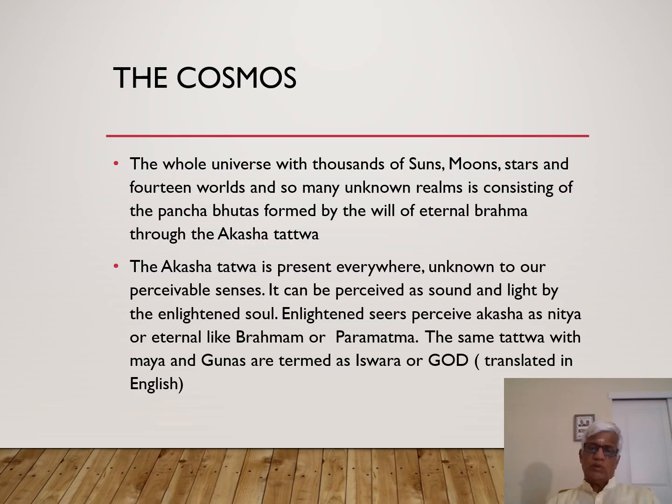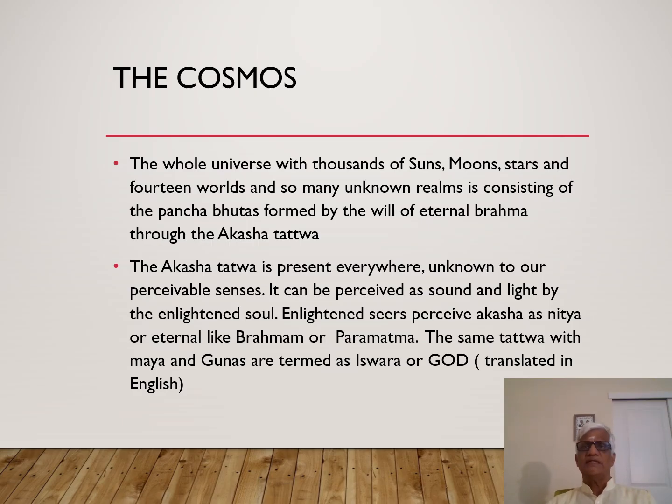The Akasha Tattva is present everywhere. Without Akasha Tattva, nothing can sustain. For example, if you look at your friend, what do you see? You see a wall, or a window, or a tree, or something else.